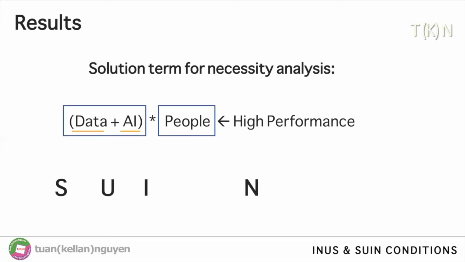Then either the union of data and AI or the condition people alone is insufficient for producing the outcome, high performance, but the combination of them is necessary for the outcome. This kind of condition, like data or AI, is a SUIN condition, where a condition is a sufficient but unnecessary part of a condition that is insufficient but necessary for the outcome.